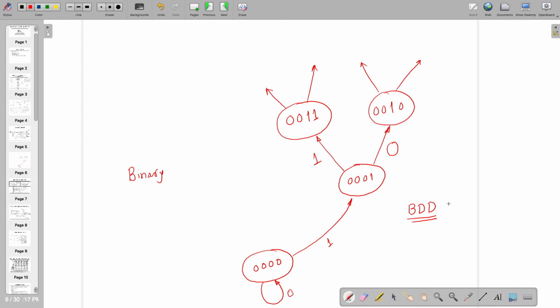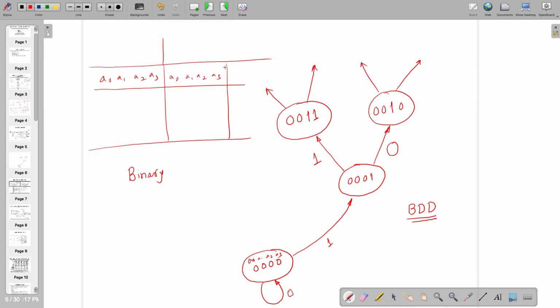Once this is done, you can name the states A0, A1, A2, A3, and write down the complete table. There are two kinds of columns: this column is the current state, this column is the next state, and there is something called input.